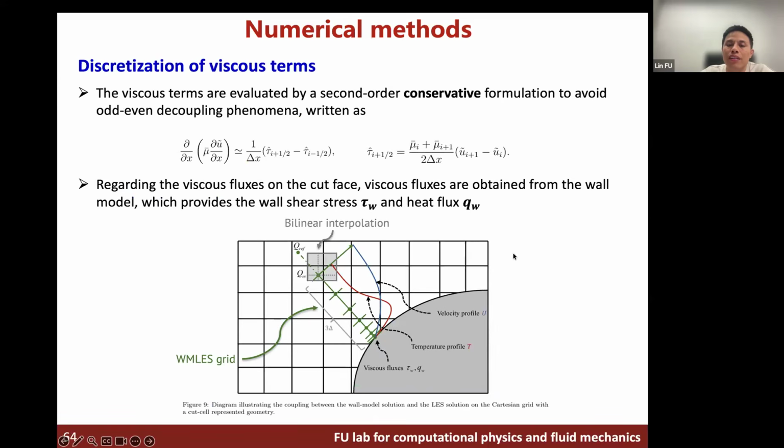So the entire domain is discretized with the LES scheme and solution, and then you extract the data from this matching point, and then in the wall-normal direction you deploy this near-wall transformation and the VT relationship to get the wall shear stress and heat flux to close the entire system. That's the typical implementation of the wall-model LES.